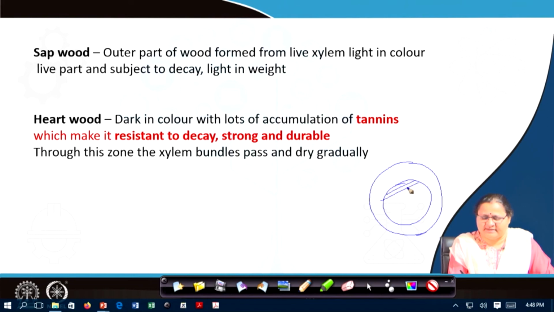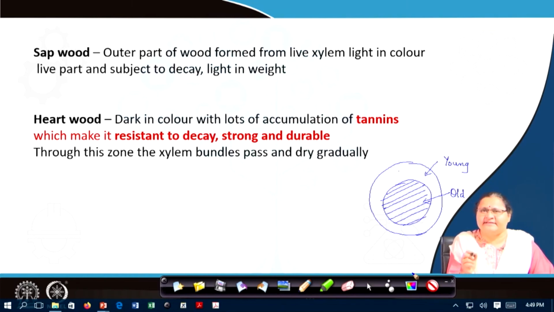So, this portion is the heartwood, whereas this portion is the sapwood. Age wise, sapwood is young, whereas heartwood is old, and because it is old, it accumulates lots of tannins and oils, which make it resistant to decay.